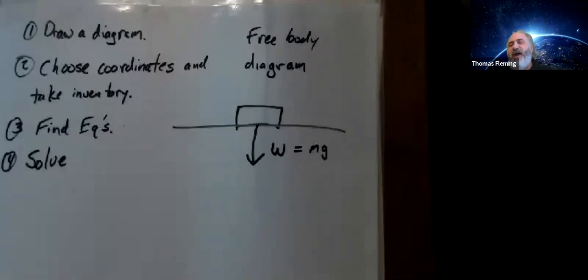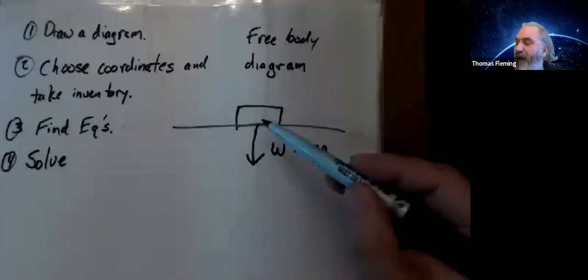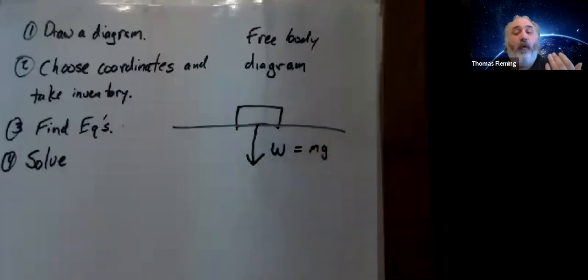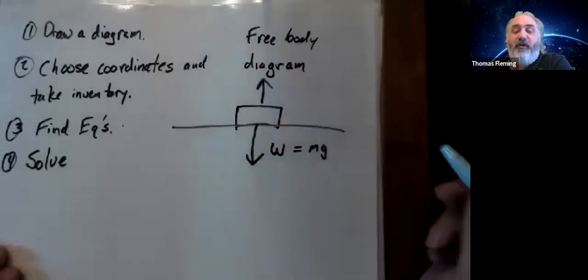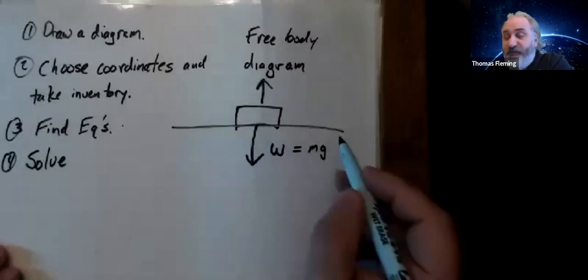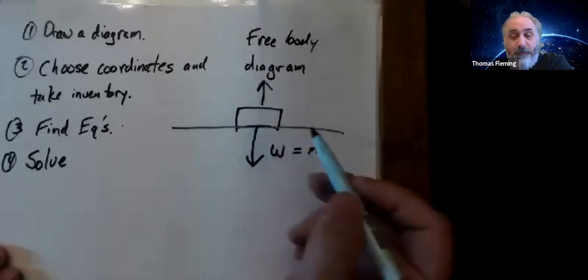And if it's not accelerating, that means there can't be a net force. If gravity's pulling this thing downward, the only way this thing shouldn't be falling downward is if something else is pushing it upward. And so there's got to be a force being exerted by the table, right? The table is touching the book, so it's pushing it upward.